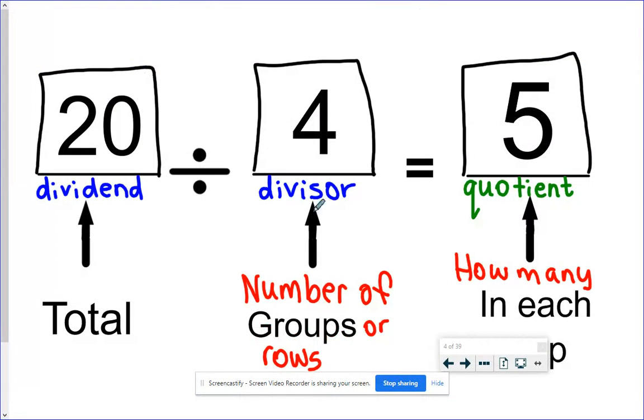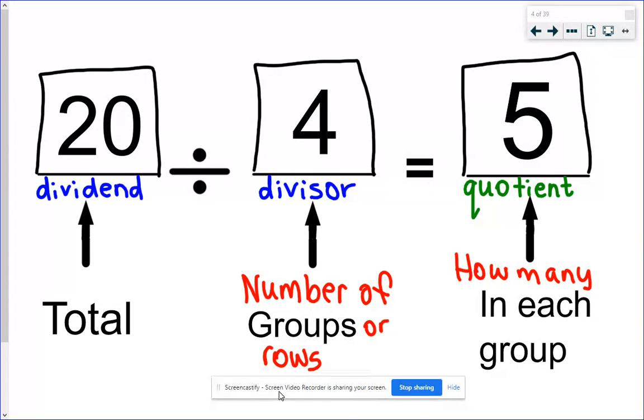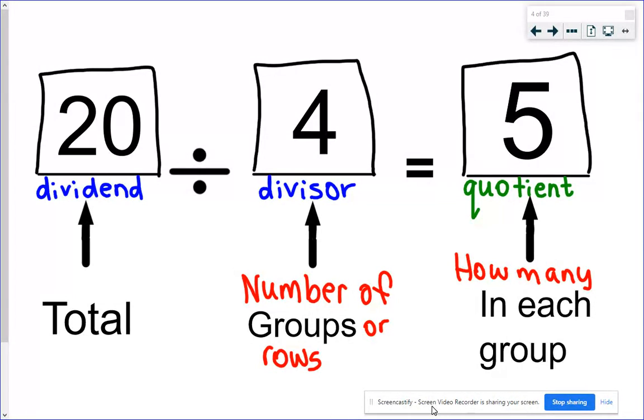You had in your math folder a half sheet where the other day we completed and put parts of a multiplication sentence on it. What I asked the students to do in class today was get that half sheet. It should be in your multiplication facts, times facts study guide sheet protector along with your flashcards. That's where I asked students to put that half sheet.